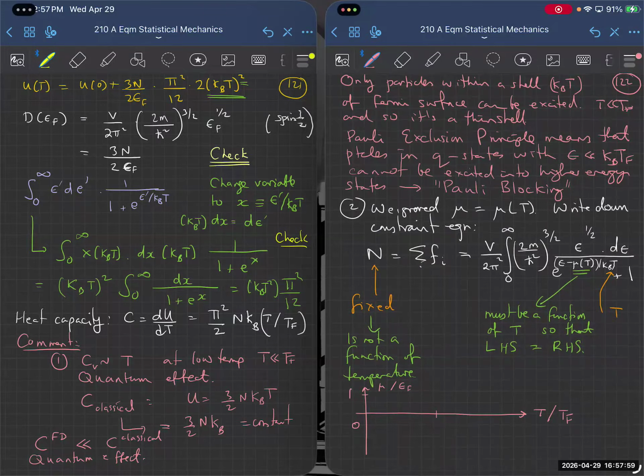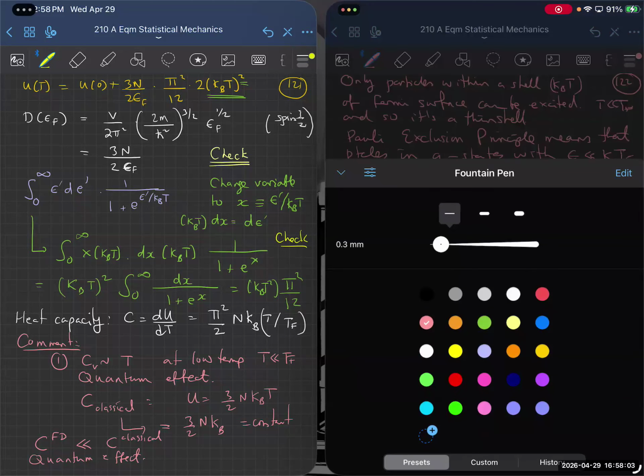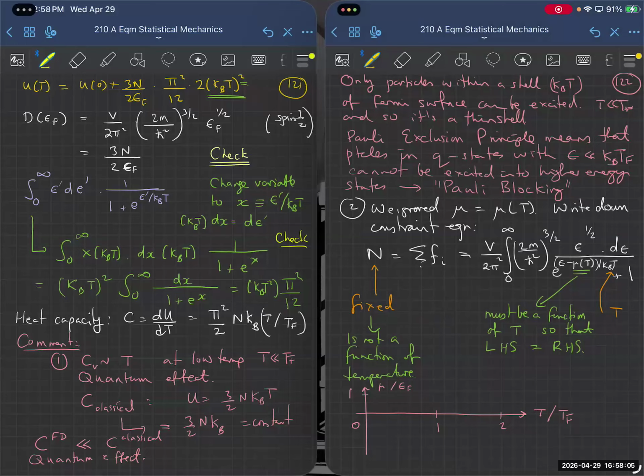And then this value here is 1, this is 2, and so on. And then the actual curve looks something like this. It's a bit compressed the way I've drawn it. Something like that. So it starts off positive at 1 at 0 temperature, and then goes down.